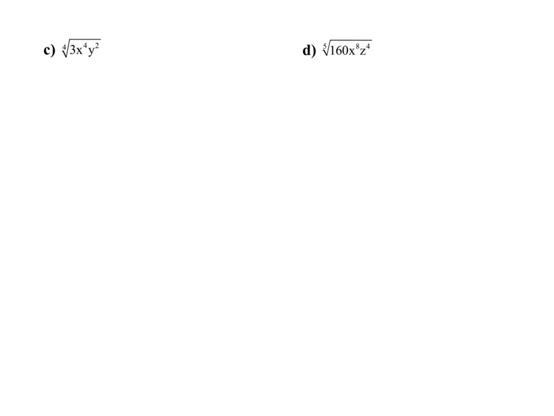Okay, for part C, I have to simplify this radical here. And the first thing I'm going to do is expand all the pieces inside. So I have 4 x's and I have 2 y's. All right. Since it's the fourth root, I'm looking for groups of 4. There's a group of 4, so I'm going to pull that out.